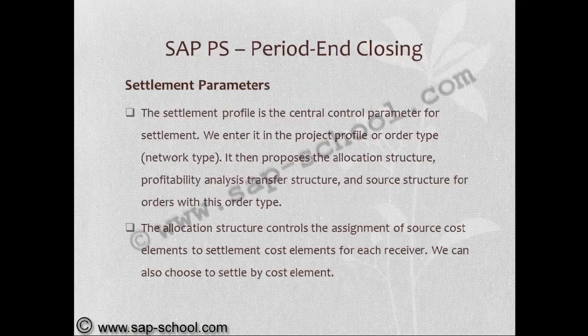The settlement profile is the central control parameter for settlement. We enter it in the project profile or order type. It then proposes the allocation structure, profitability analysis transfer structure and source structure for orders with this order type. The allocation structure controls the assignment of source cost elements to settlement cost elements for each receiver. We can also choose to settle by cost element.